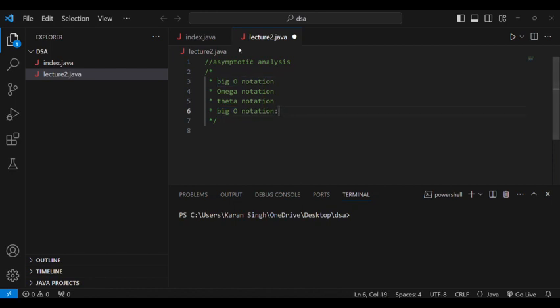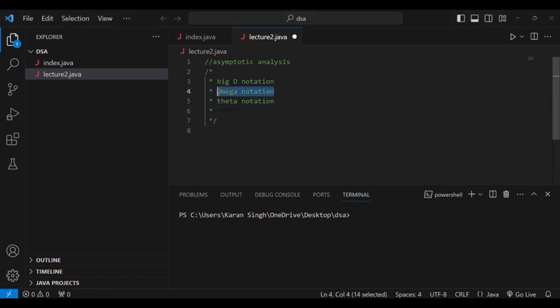You can also read about the graph of big O notation, and the link is given in the description box. Please see it later on. But now assume that big O notation is not our requirement. Our requirement is the best code. Now let's go further.